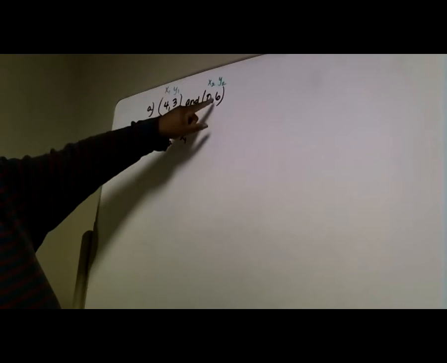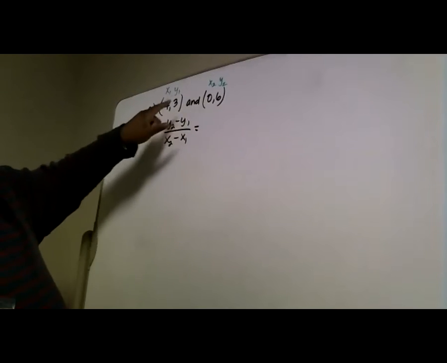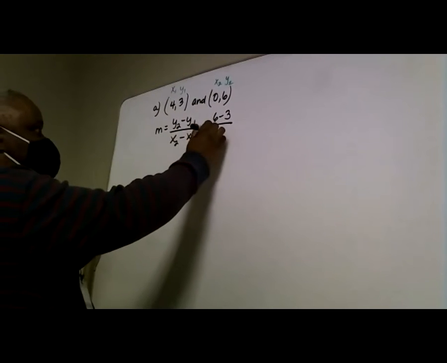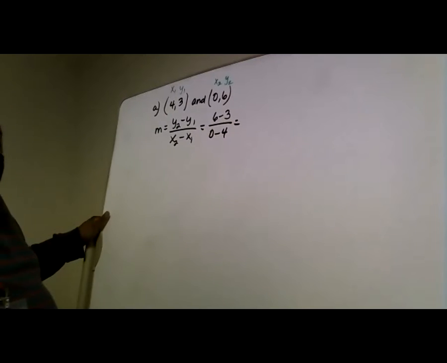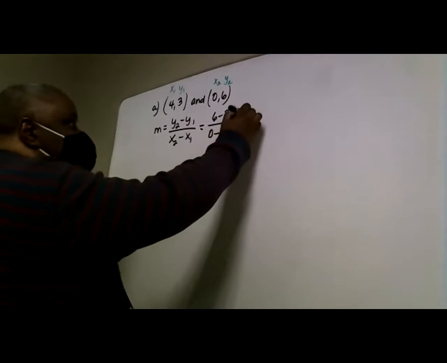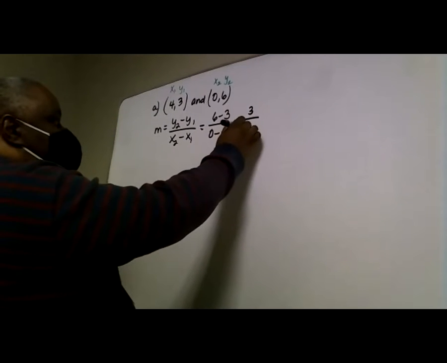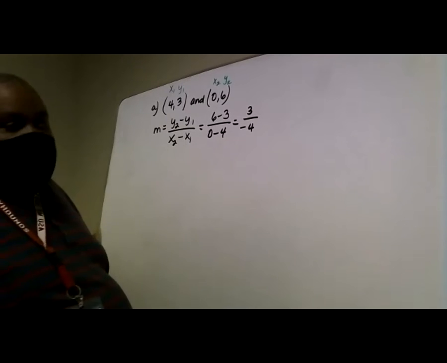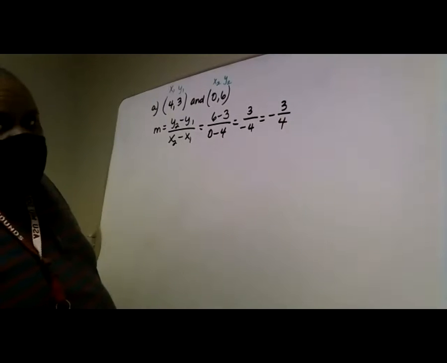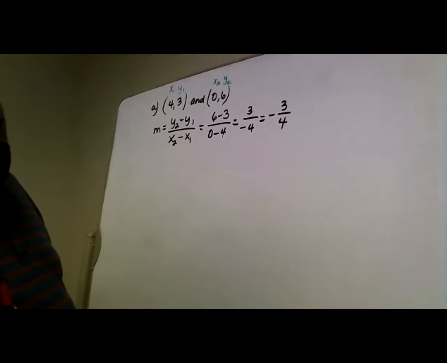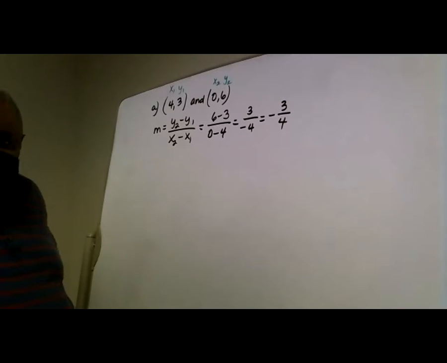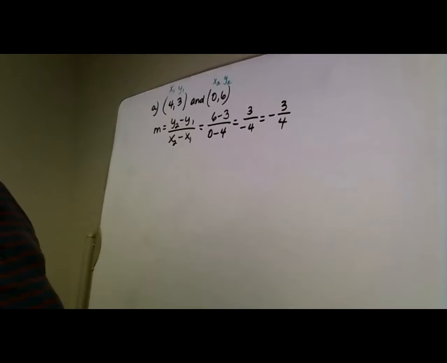In this case, y2 minus y1, that's 6 minus 3, divided by x2 minus x1, 0 minus 4. And here, 6 minus 3, that's 3, over 0 minus 4, that's negative 4. This will end up being just negative 3/4 as the slope of the line going through those 2 points. Questions on part A.